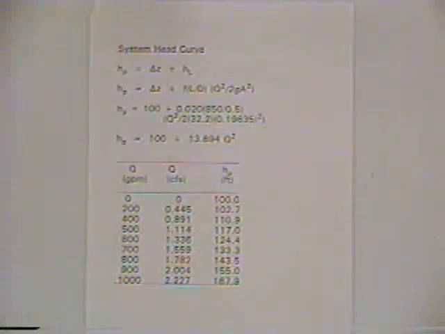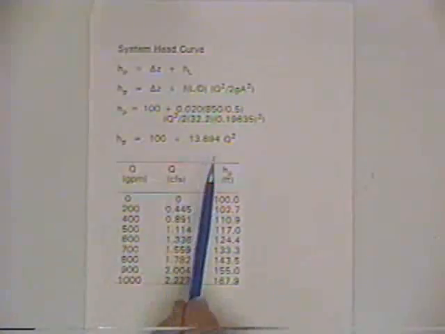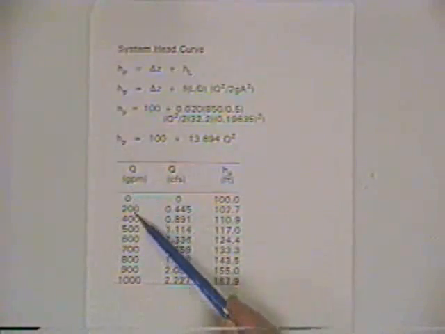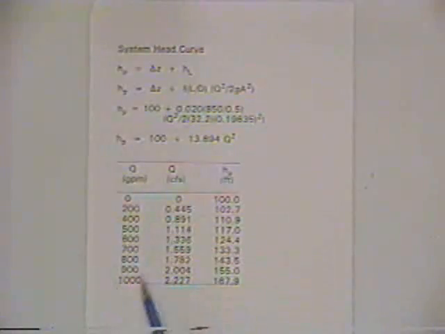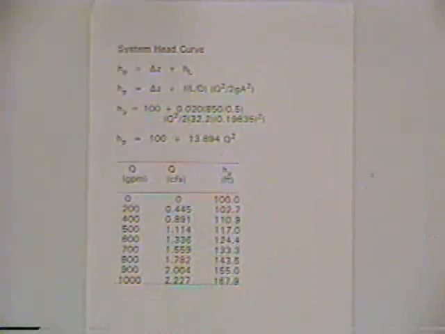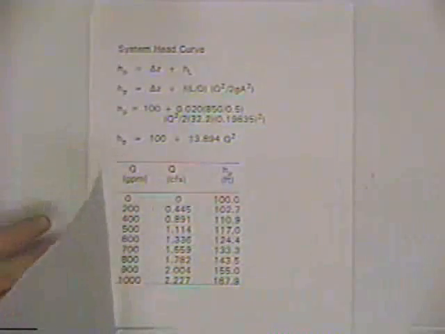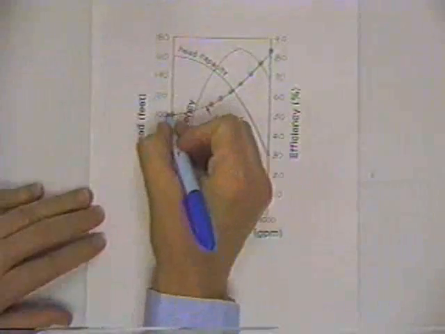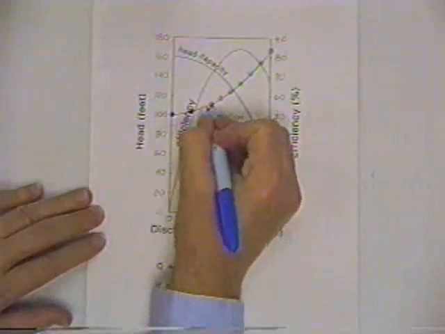And so that's what we've done before, except now we don't know exactly what Q is going to be. And so if we wanted to illustrate it in the graph, we would just say for different Qs, and the graph's in gallons per minute, so the Qs are in cubic feet per second, conversion factor. We can plug in the Qs and get the pumping head. And we just computed these points.